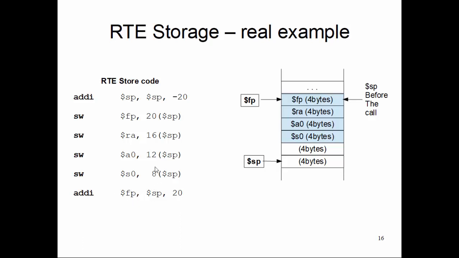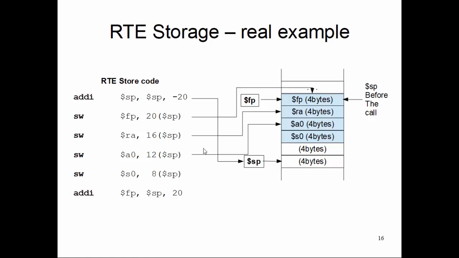So you are making a gap of 8 bytes between the current stack pointer and the end of your frame. So this is what we are doing. We are moving the stack pointer, then storing them in the frame, and then at the end of the day we are setting the frame pointer. Your stack pointer before the call was pointing at this point. Now it is pointing at that point within the function.